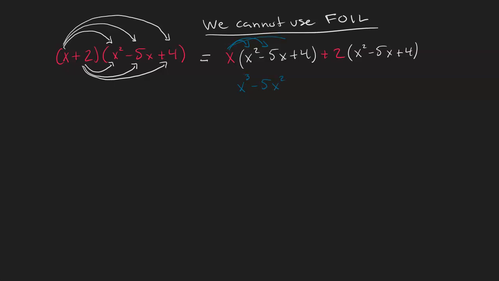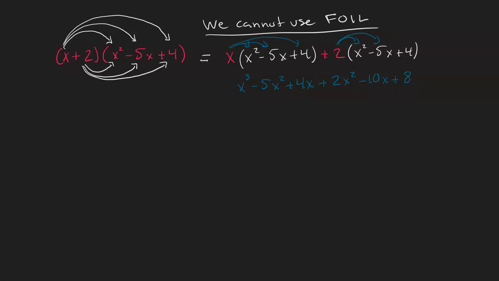And then I have x times 4, that becomes positive 4x. Let's do the same thing with this second operation. I have 2 times x squared, that becomes 2x squared. I have 2 times negative 5x, that becomes negative 10x, because it's 2 times negative 5, that's negative 10, and I keep the variable. And then I have 2 times 4, which becomes positive 8.